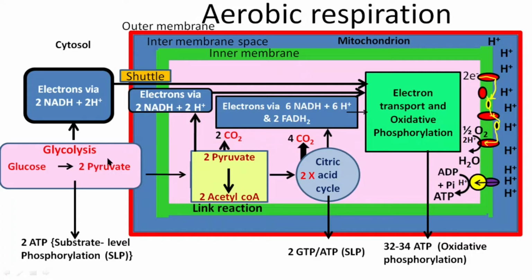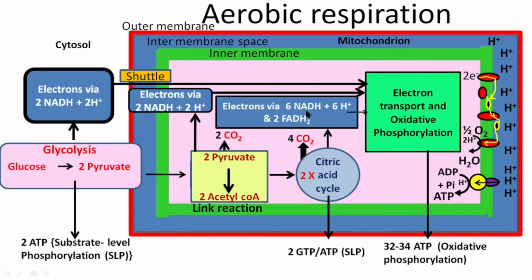That is, there is removal of hydrogen or electrons in all these three steps, and the carbon which was present in the glucose also has undergone complete oxidation and got converted into carbon dioxide. Two molecules of carbon dioxide evolved from the step link reaction, and 4 molecules of carbon dioxide evolved from citric acid cycle. Those hydrogens or electrons that were removed from these three steps were transferred to coenzymes.